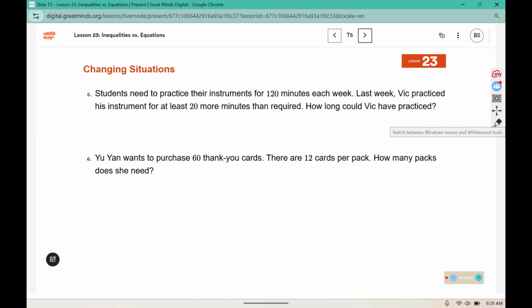Five, students need to practice their instrument for 120 minutes each week. Last week, Vic practiced his instrument for, if we get rid of that phrase, at least, and just say 20 minutes more than required, how long did Vic practice? That would be an equation.